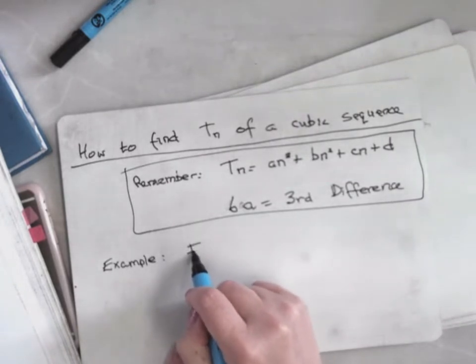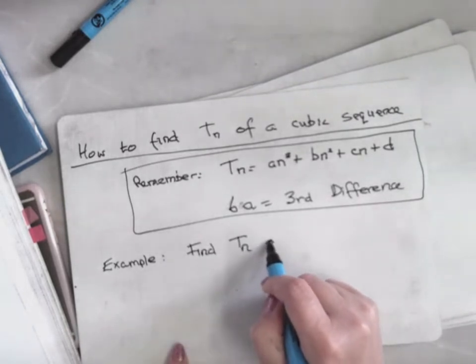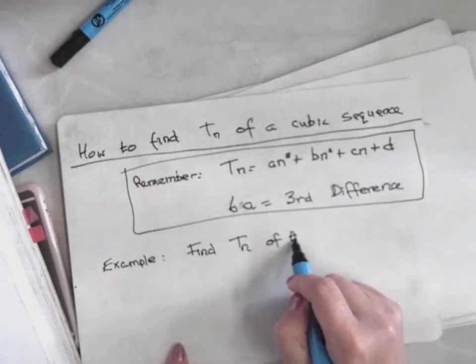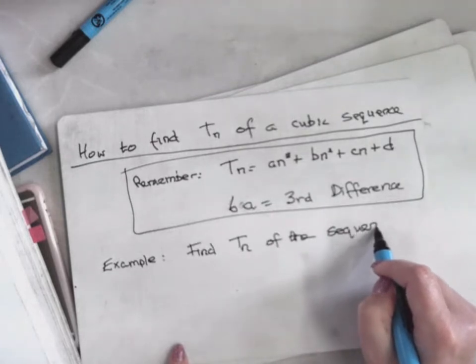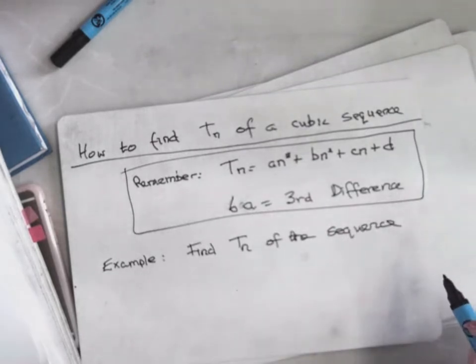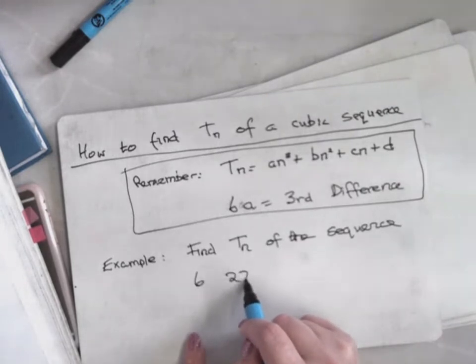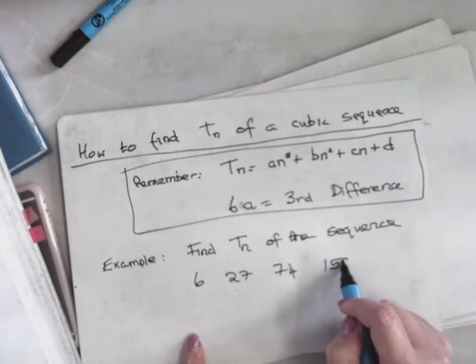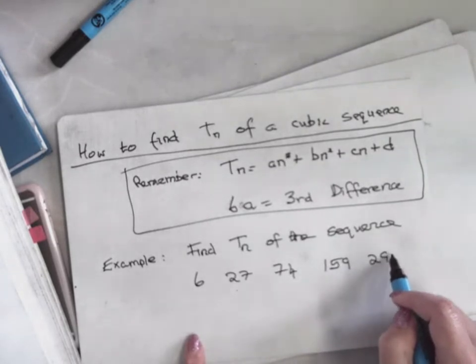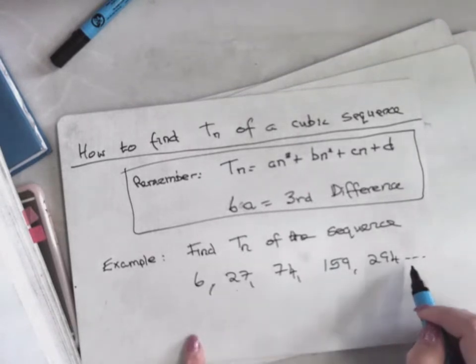Find Tn for the sequence 6, 27, 74, 159, 294, and so on.